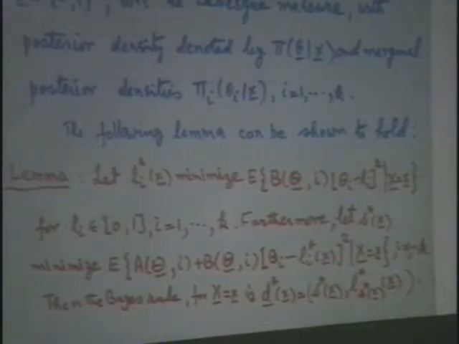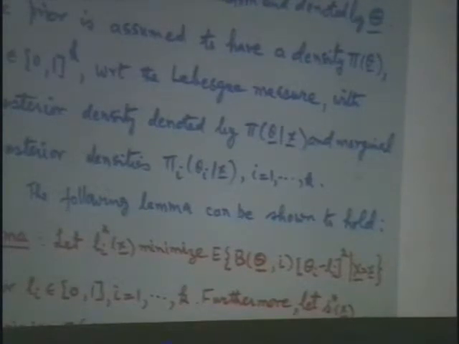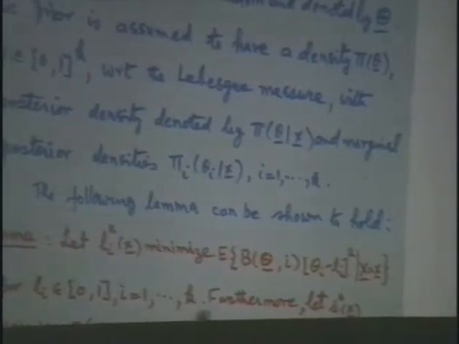So this lemma says: let Li star x minimize the expected value of b theta i, where theta is the random variable here and b is this part here, times of course this quantity, theta i minus Li squared, given X equal to x, for each i going from 1 to k.